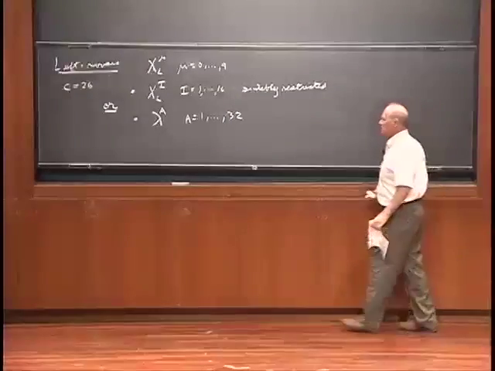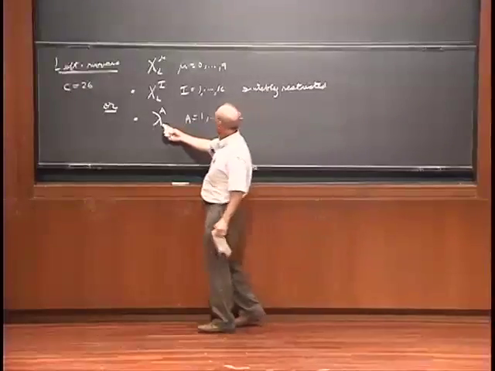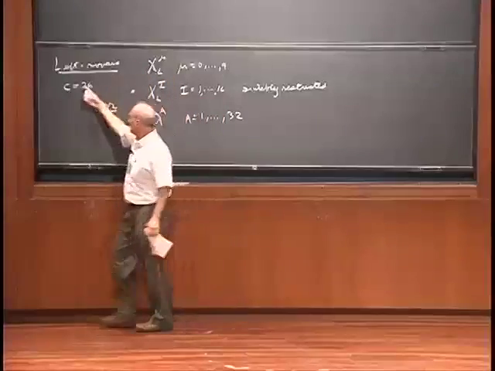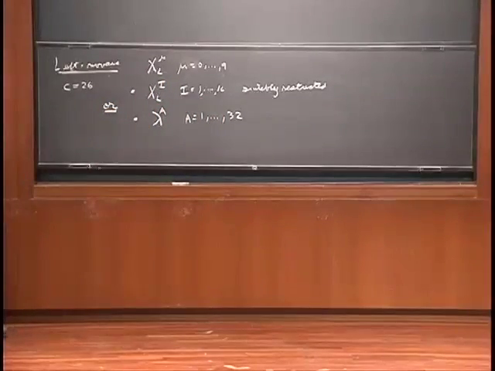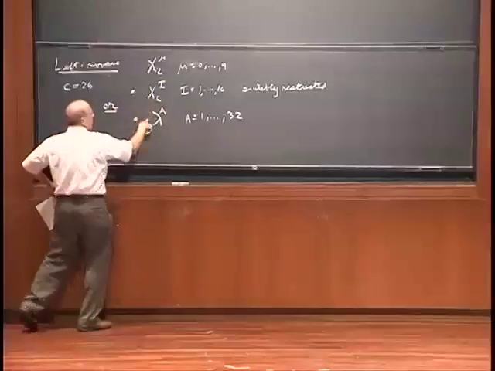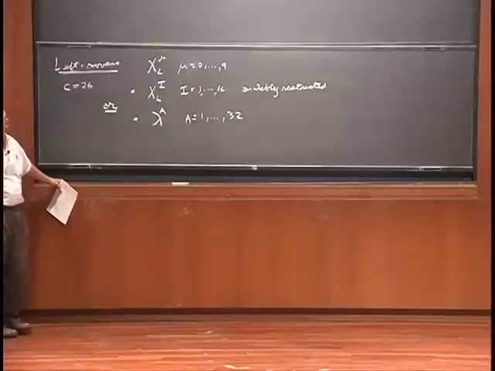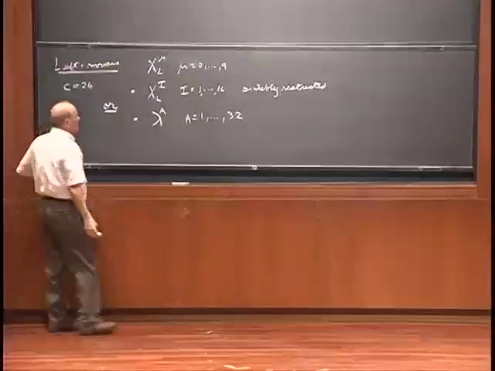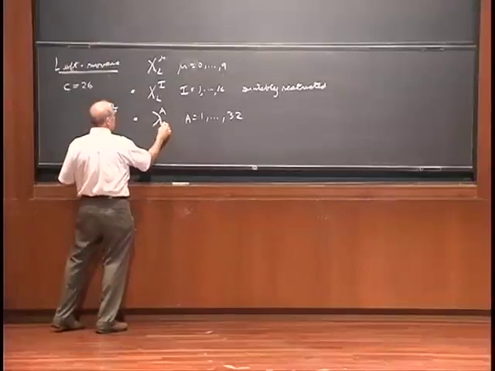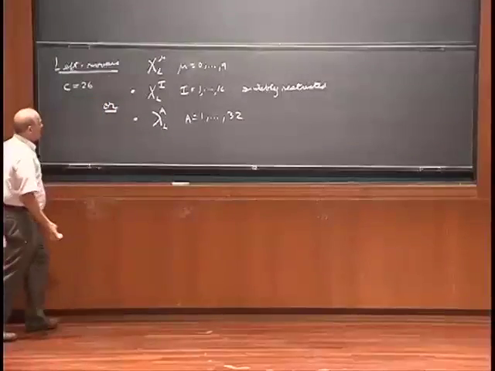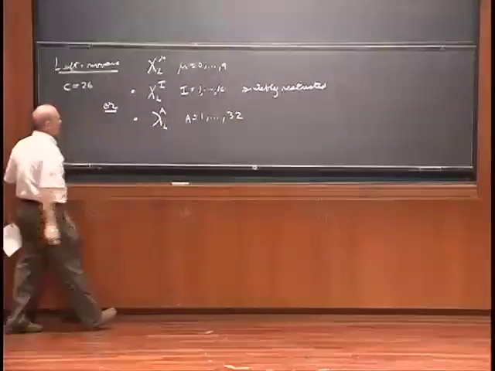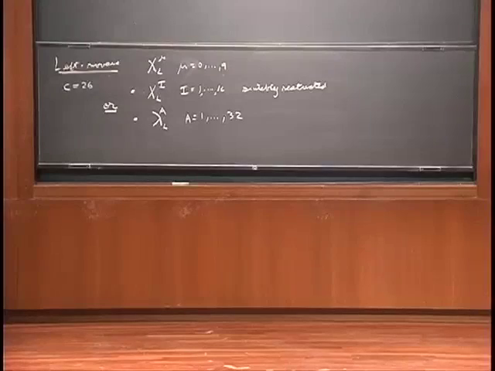So since each gives a half, that gives you 16 units of central charge. Combined with this 10 will give you the requisite 26. So these are two different ways of building up c equals 16 for the left-moving sector of the conformal field theory. So these are left-moving fermions. I may later drop the symbol L, but it's understood that these are left movers.